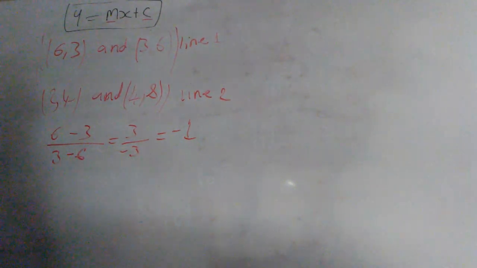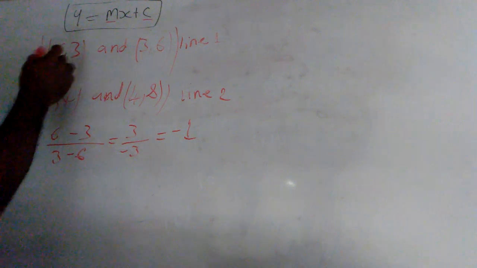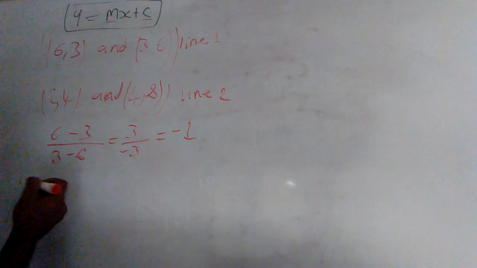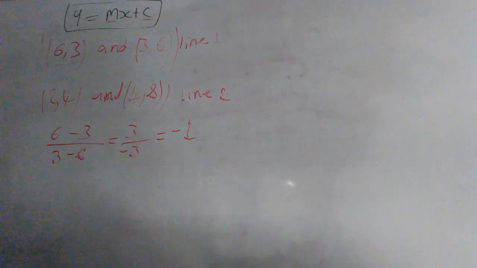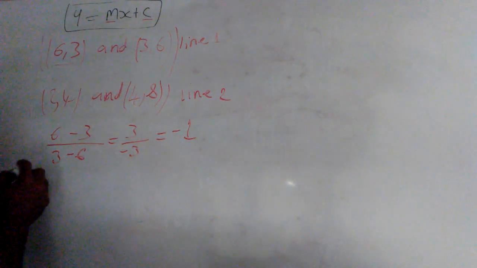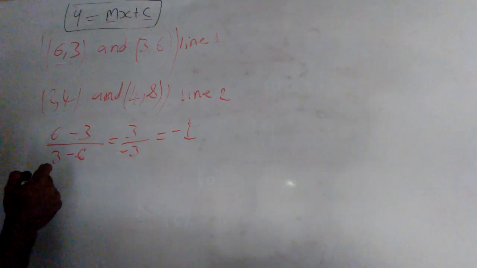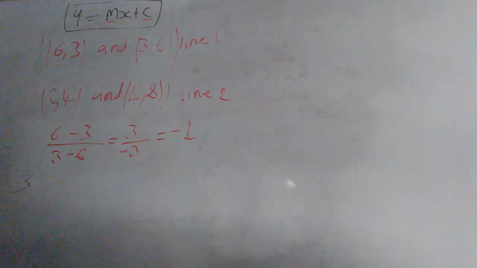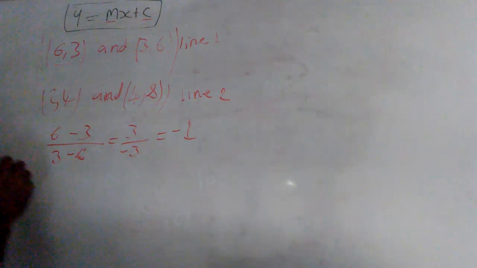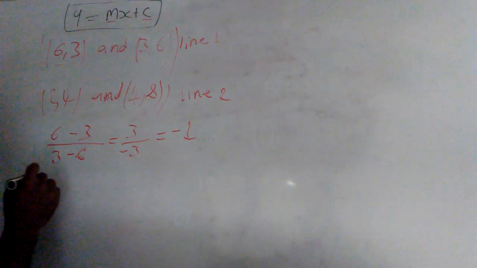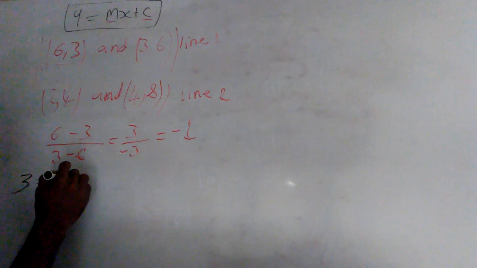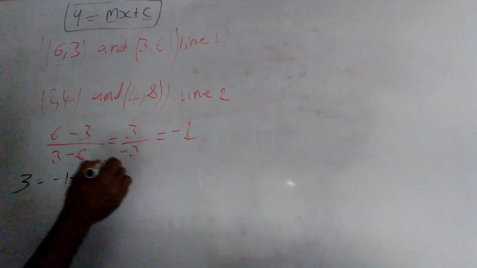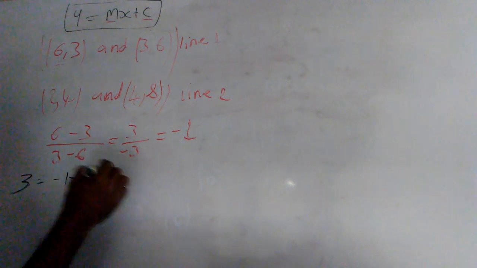So I'll use the first one here. 3 would be the y value here, so I'll have 3 equal negative 1 times 6 plus c.